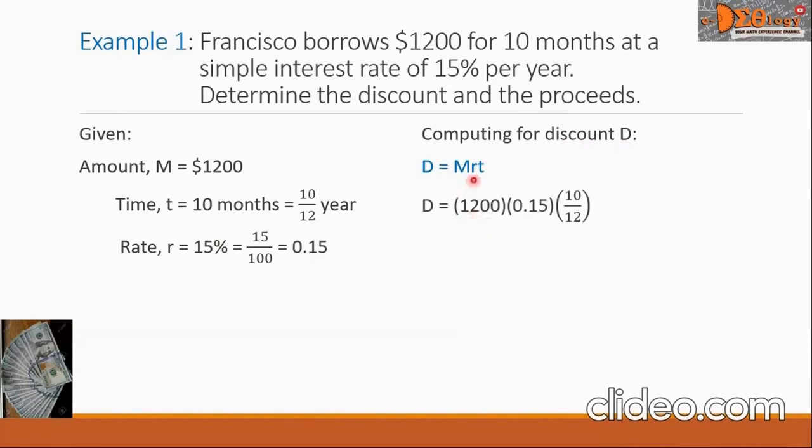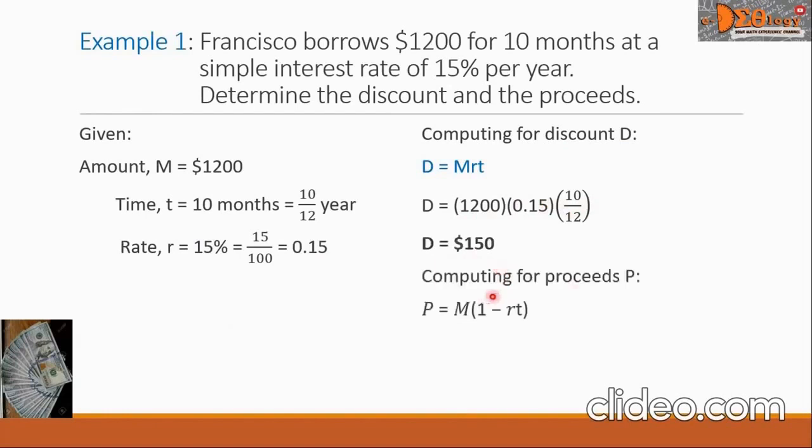Our R is 0.15 and the time is 10 over 12. Let us use our calculator to simplify the product, and we will have 150. This is the discount. We will put our dollar sign.